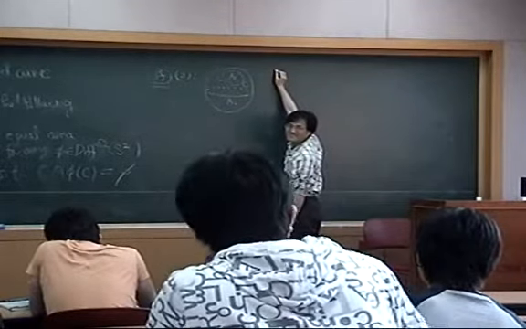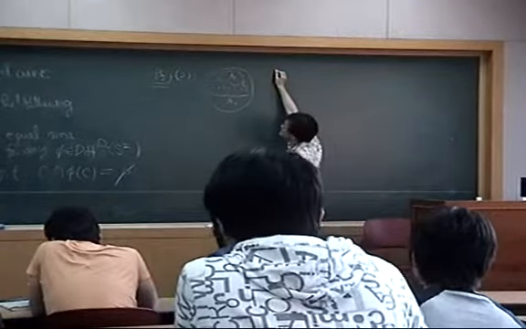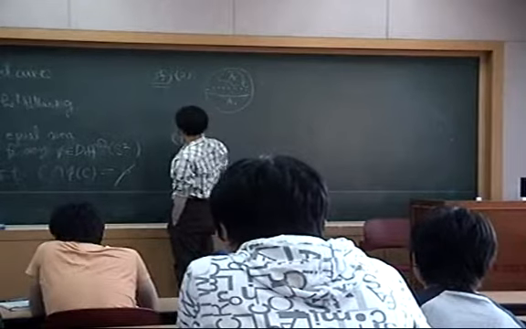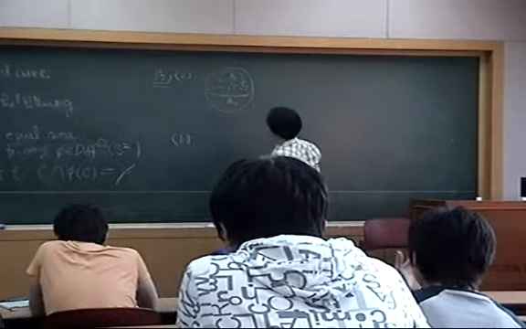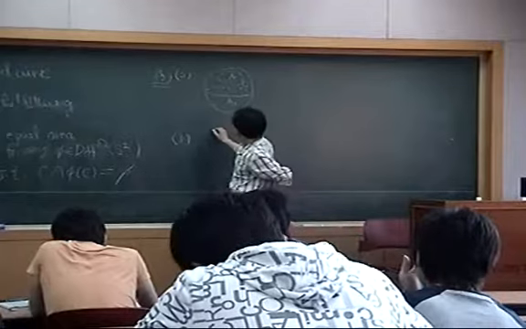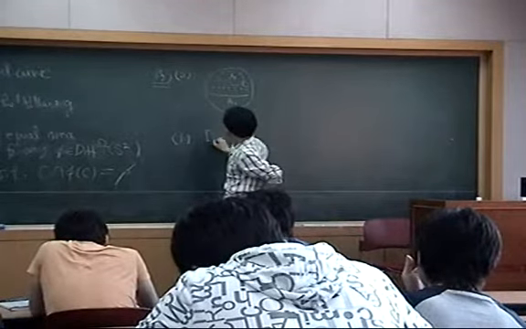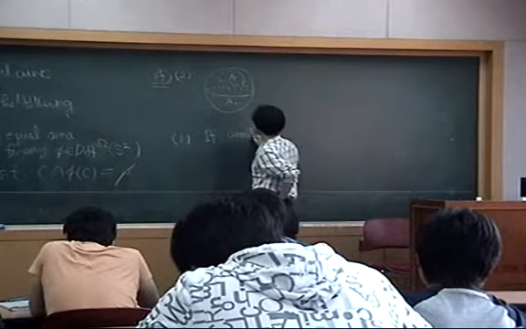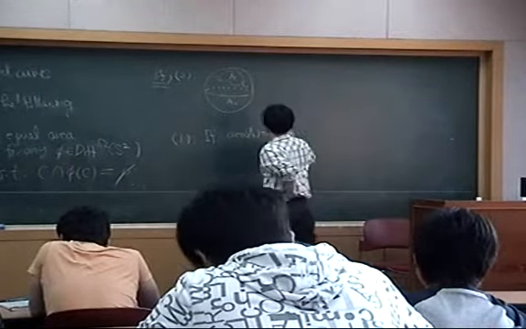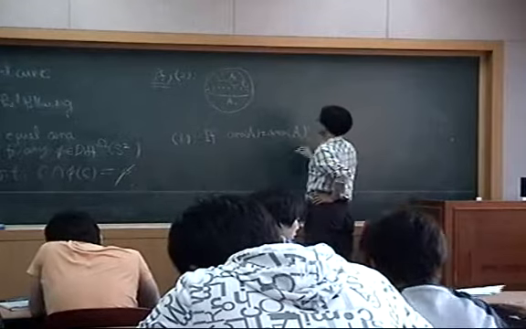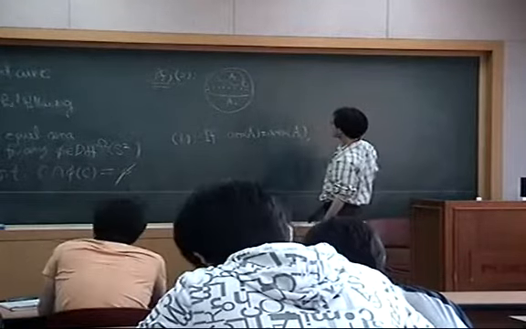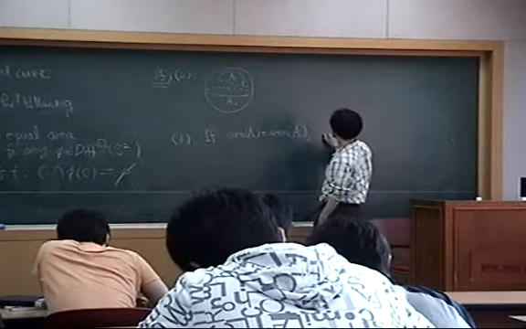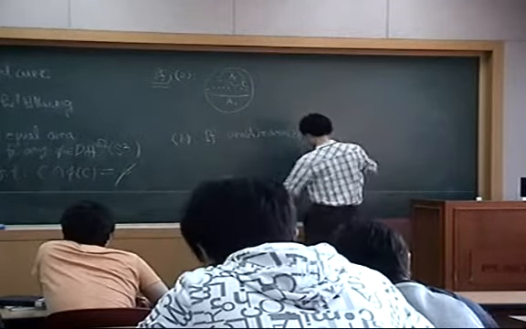Okay, so let's consider the first case. If the area of A1 is the same as the area of A2, then by the assumption phi is area preserving, so phi of A1 also has the same area.